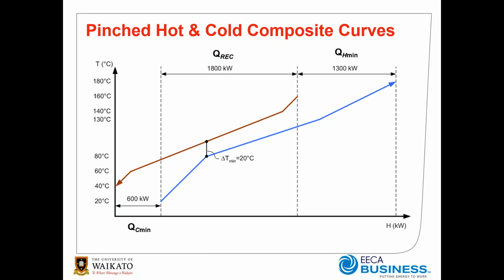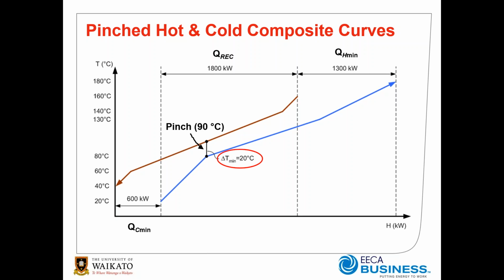Now from this you can read off some key targets. In the center here, where we've got the hot composite curve of the process streams above the cold composite curve of the process streams, that region is our heat recovery target. Over to the right hand side is our hot utility target, and on the left hand side is our cold utility target.